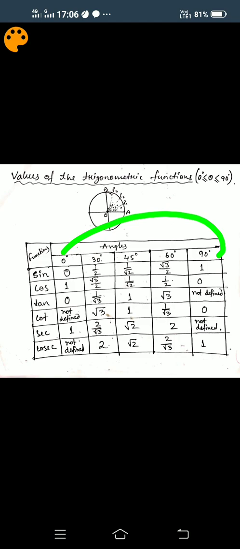So that's why we are getting all the values as positive. Suppose cos 30 we are getting plus root 3 by 2. Suppose sec 45 we are getting plus root 2. That means all we are getting positive. So in the first quadrant the values of all the functions are positive. Clear? That means in between 0 to 90.